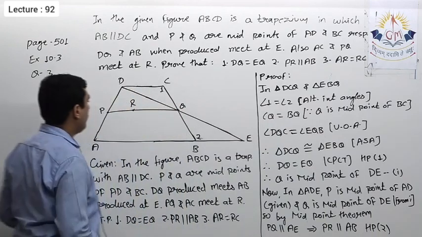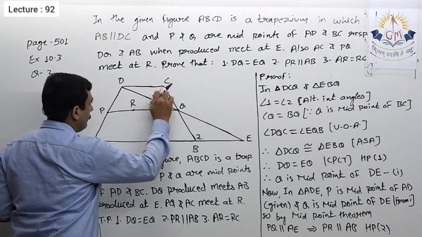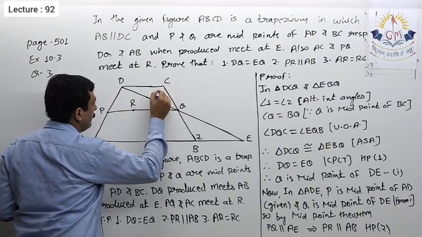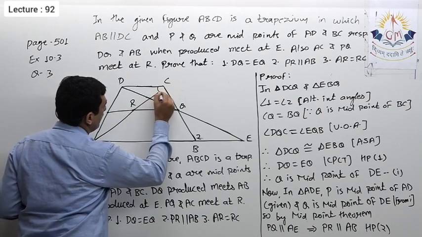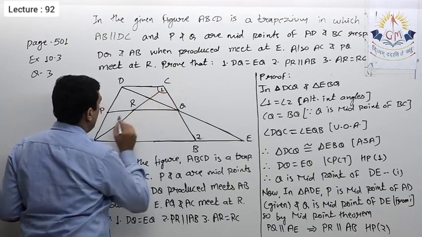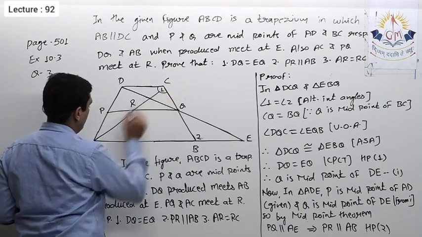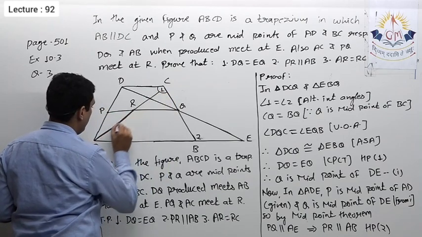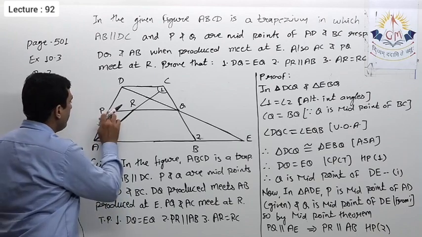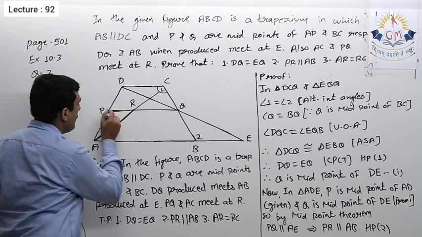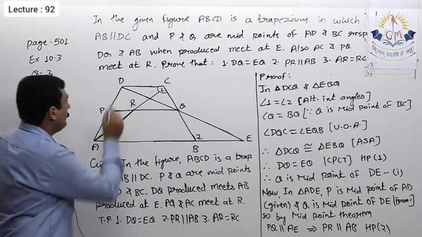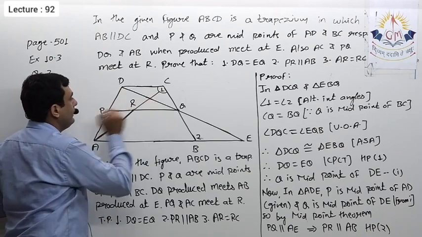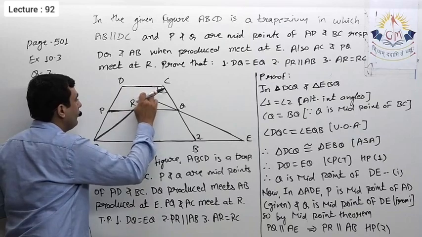Now next I have to prove AR equal to RC. So let me join this again as it was. Okay, that was angle 1 actually. AR equal to RC. Okay, so it is again very easy. See, in triangle ADC, I am removing this for your better understanding.